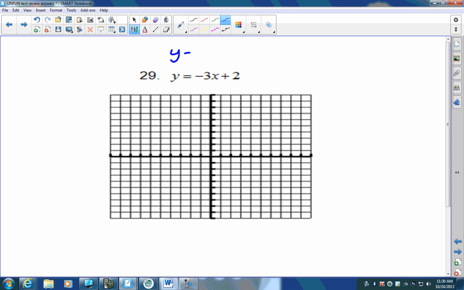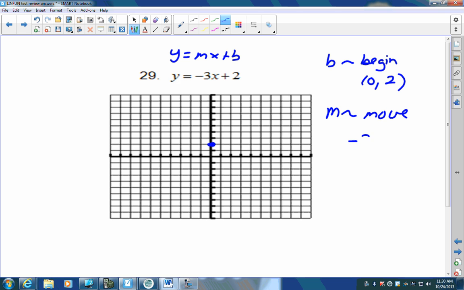29, y equals mx plus b. Okay, b is begin, so I'm going to start at 0, 2, and put a dot. M is for move, and I've got negative 3. Now it needs to be a fraction, so I put it over 1.